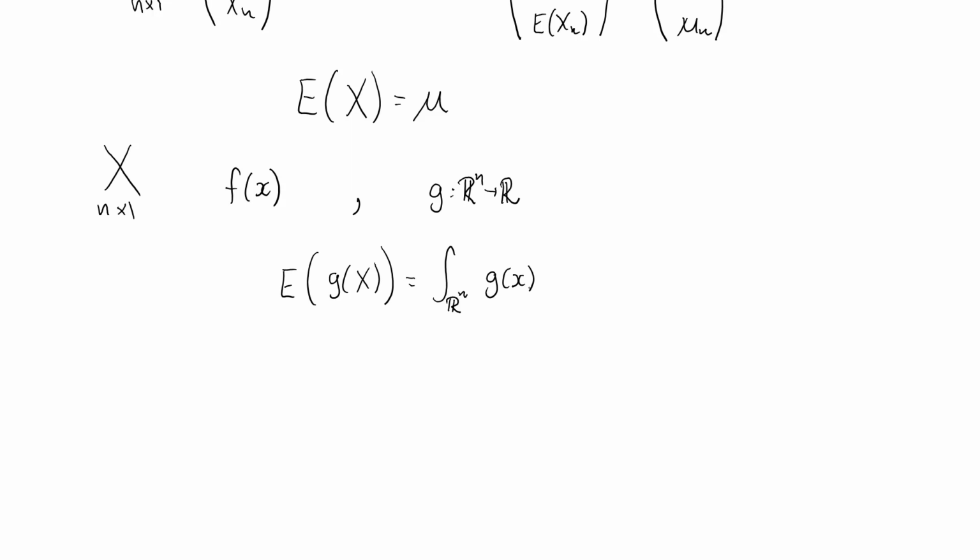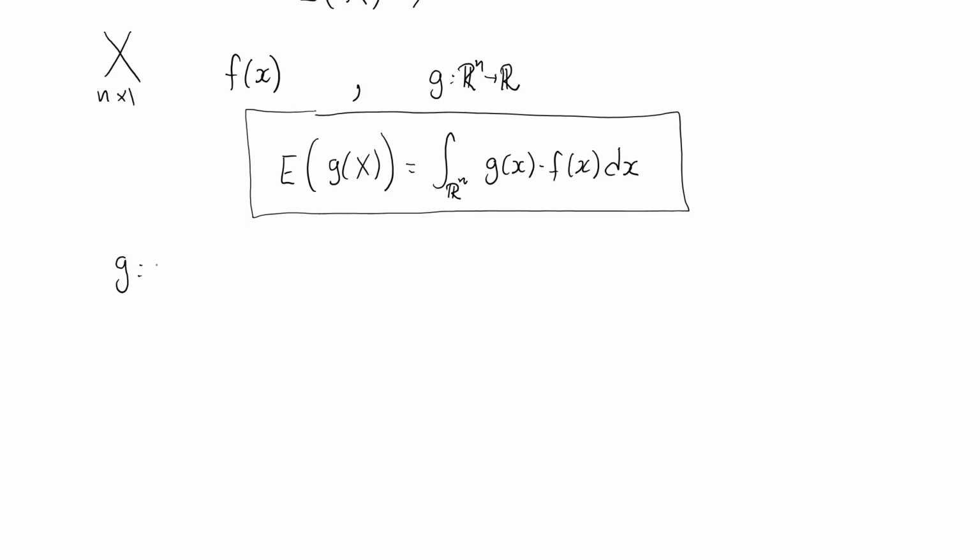G is a function of the n variables x1 through xn, and it returns a number. So g of x is a number multiplied by f of x, the joint PDF. This is also a function of the n variables x1 through xn, and it returns a number, dx, where dx is just shorthand notation for dx1, dx2 through dxn.